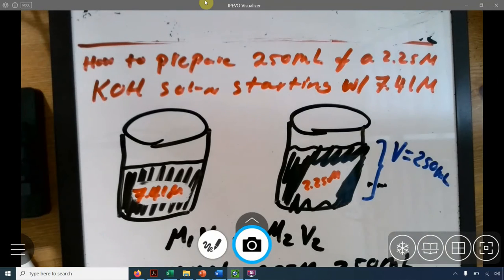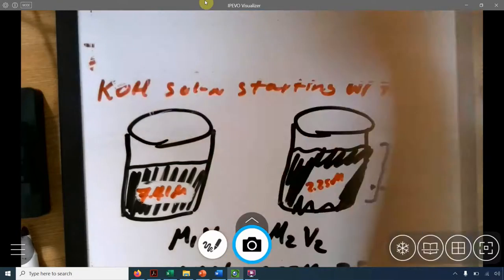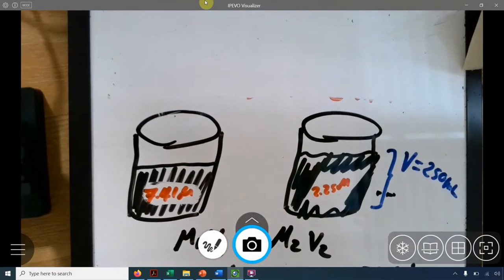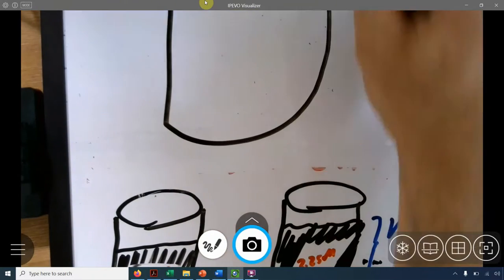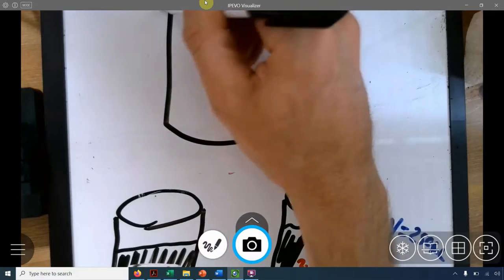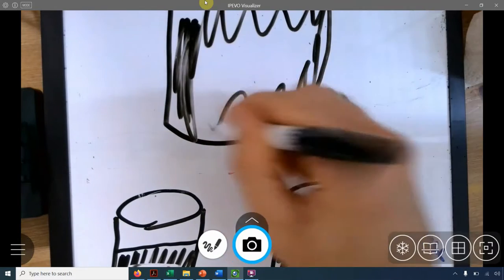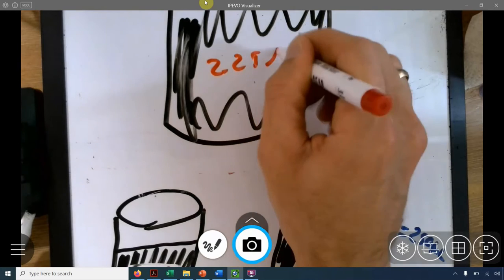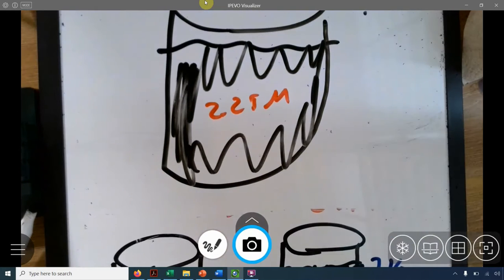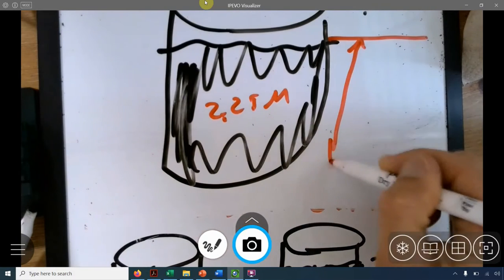I'm going to erase this and draw this again. I want a 250 milliliter solution here, 2.25 molar. That's what I want. I want this to be a total of 250 milliliters.